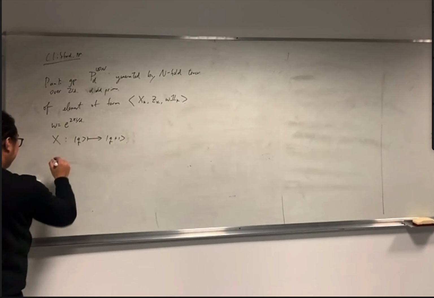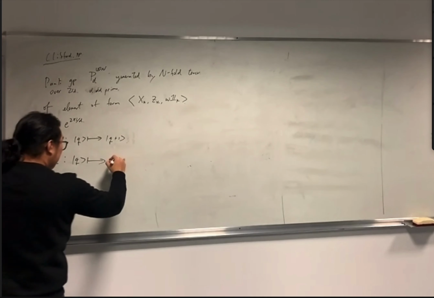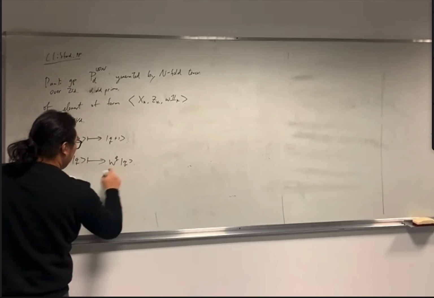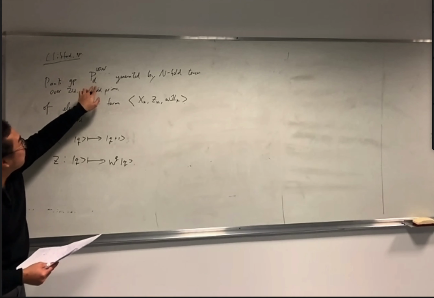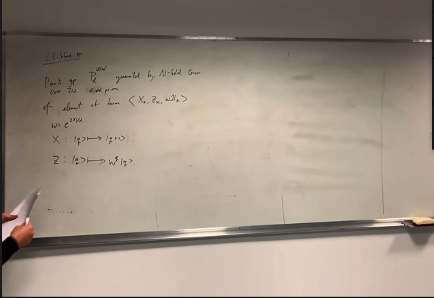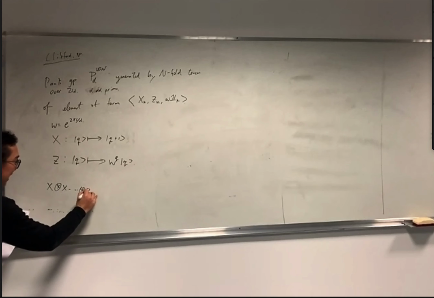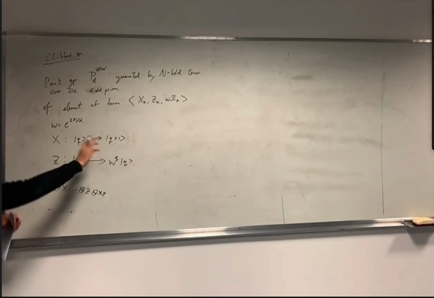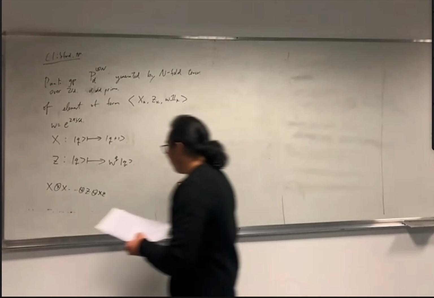Z will not change the state, but it will raise to some power of omega. That's called the generalized Pauli matrix. So the generalized Pauli group is generated by n-fold tensors of those. So you have X tensor X, or maybe tensor Z, and tensor something X, Z, something along those lines. A bunch of tensors of these combinations. And that's the Pauli group.